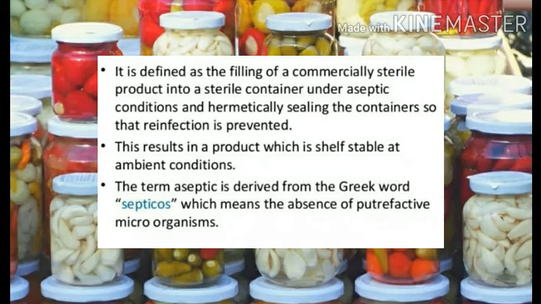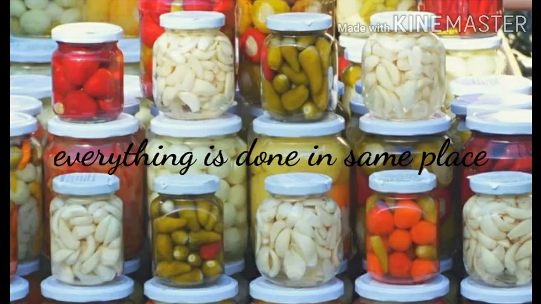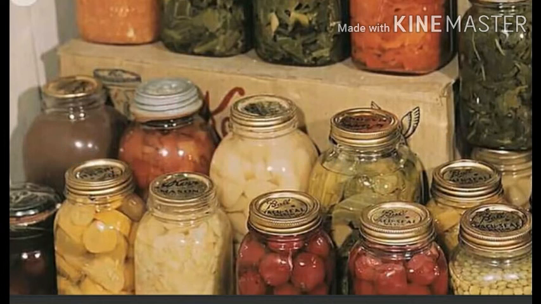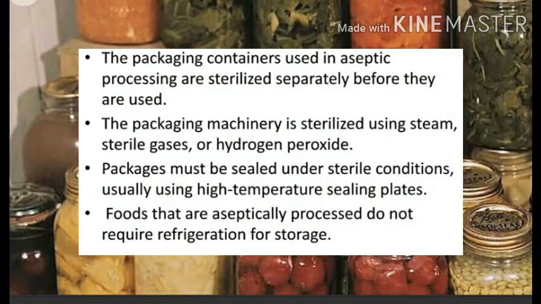The term aseptic is derived from the Greek word septikos, which means the absence of putrefactive microorganisms. That means everything is done on the same platform, defined as filling of commercially sterile product into a sterile container. Everything will be done in the same place itself.